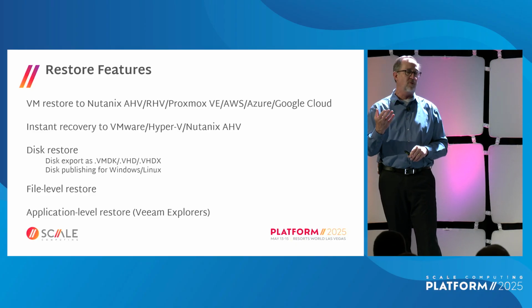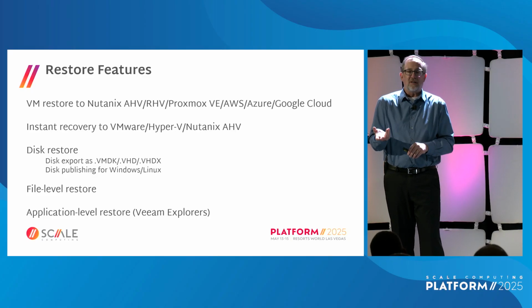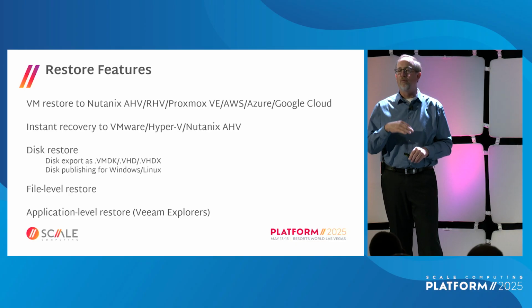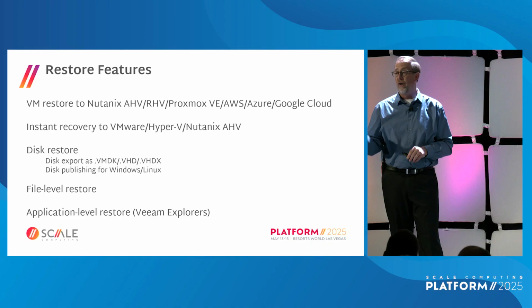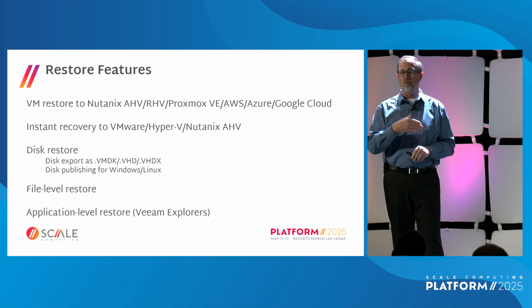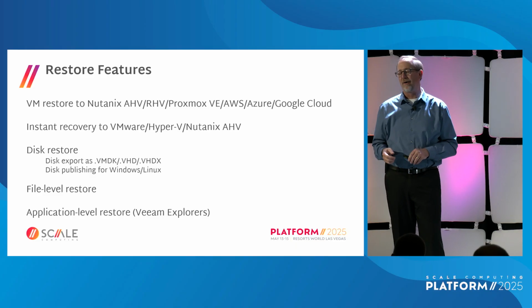So if somebody deletes an on-prem Exchange mailbox, you don't have to restore the entire VM. We can go in with what we call our explorers and just restore that mailbox. Or if somebody deletes an Active Directory OU or a SQL table, we can just go in and surgically restore those.